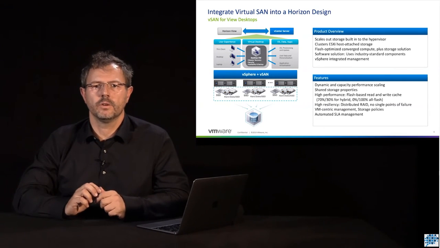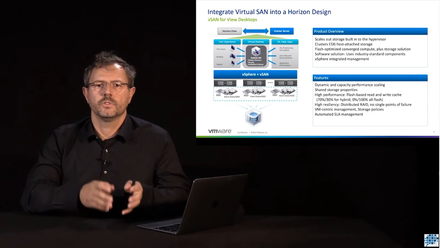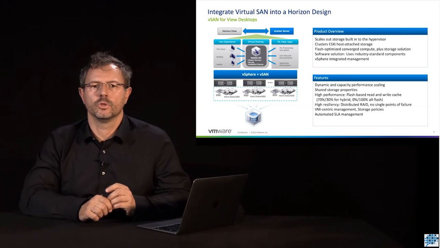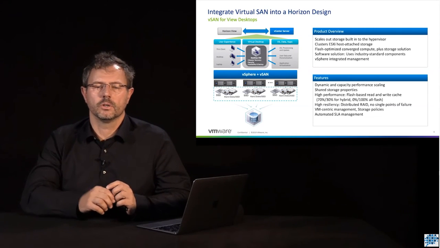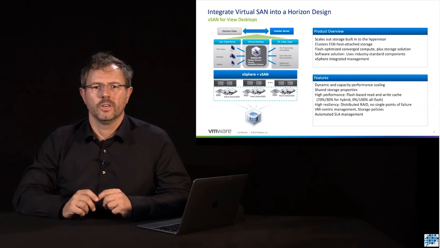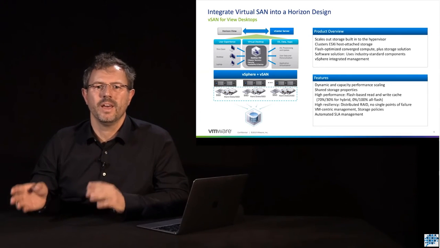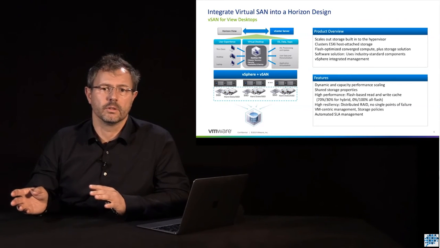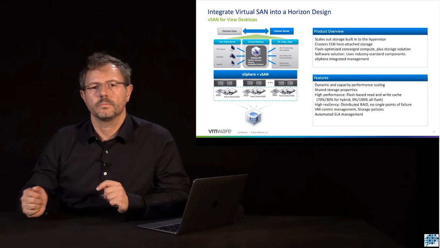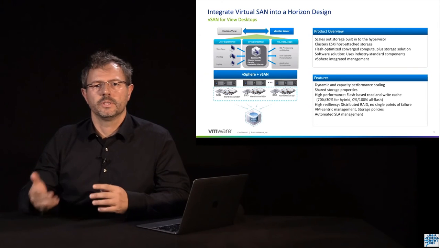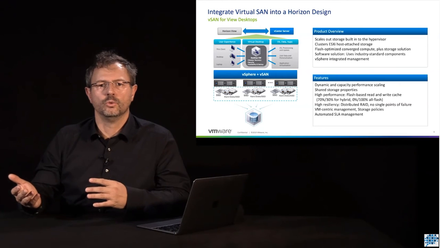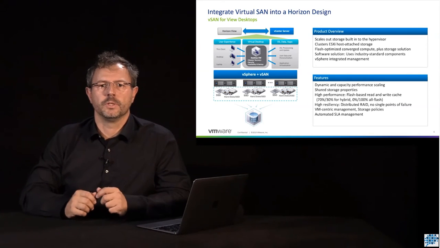In all-flash scenarios, the performance device is used for 100% write buffering, and there is no read cache at all because, well, let's be honest, you already have SSDs as capacity devices, so the read latency is very, very low, and it's already blazingly fast, right? And from this aspect, the developers have chosen to shift the balance between read cache and write buffer there.